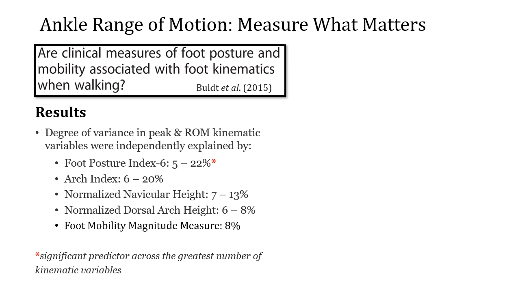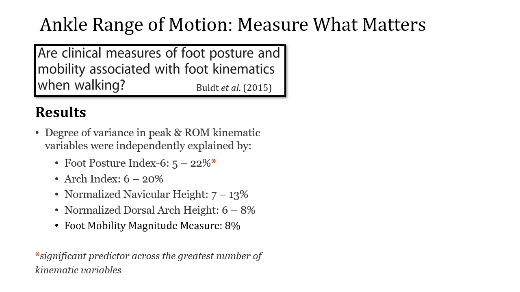You can see that the foot posture index is the most significant predictor across the greatest number of kinematic variables around the foot and the ankle when walking or during dynamic movements. We can use walking as a surrogate measure of that.